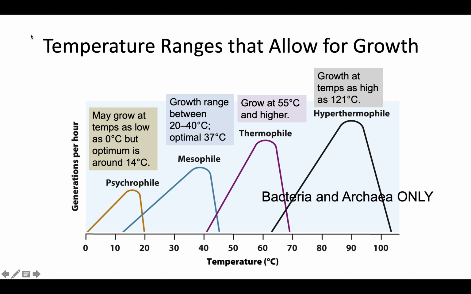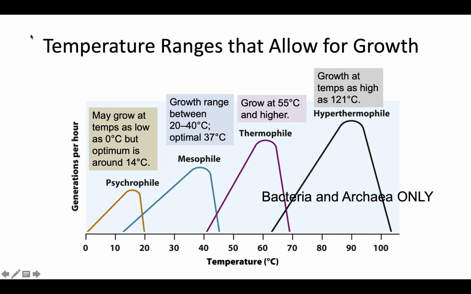All right, temperature is another environmental factor, and with temperatures, we've got bacteria that like different ranges of temperature. There are some that will grow in very, very cold environments, and some in very hot environments above boiling. So there are 4 groups here: the psychrophiles, the mesophiles, thermophiles, and hyperthermophiles.